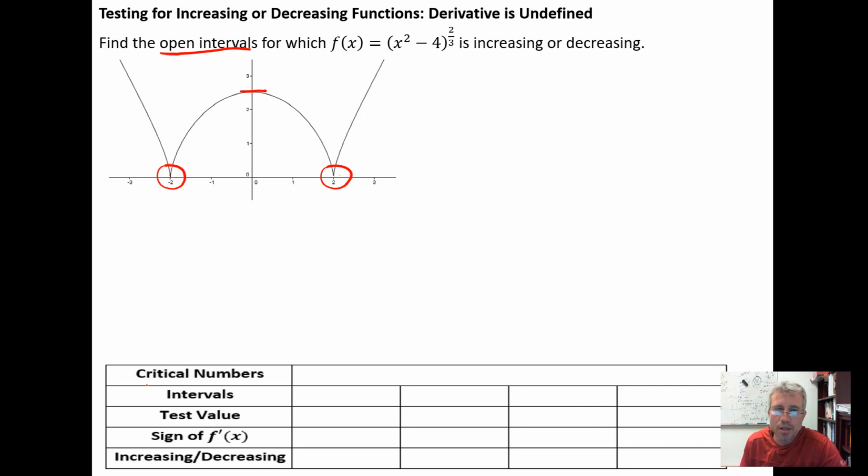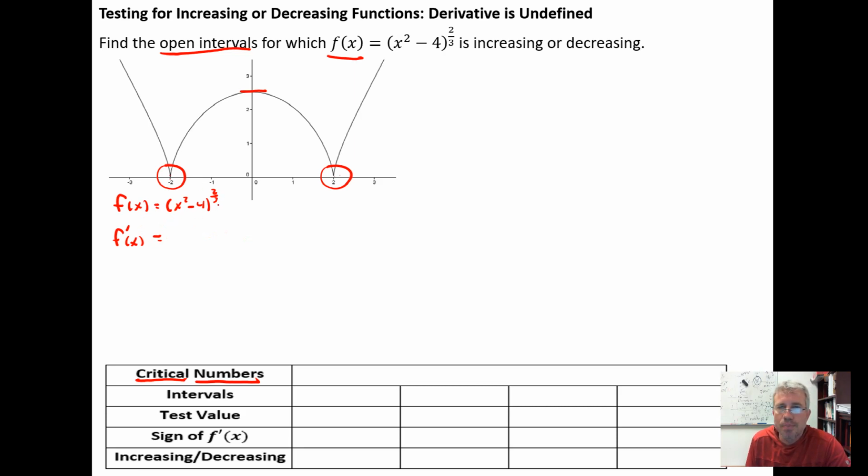So step 1, find those critical numbers. And to do that, we need to take the function and find its derivative. So we're going to take f of x, which is equal to (x squared minus 4) to the 2/3 power, and we want to find f prime of x. And this is going to be a chain rule problem because I have a function inside of another function.